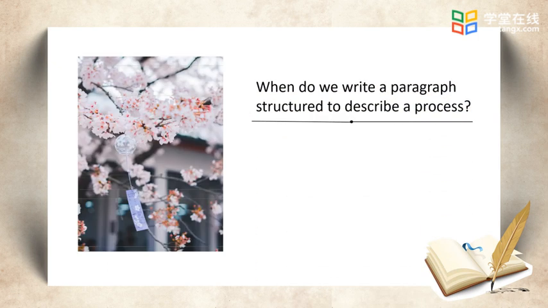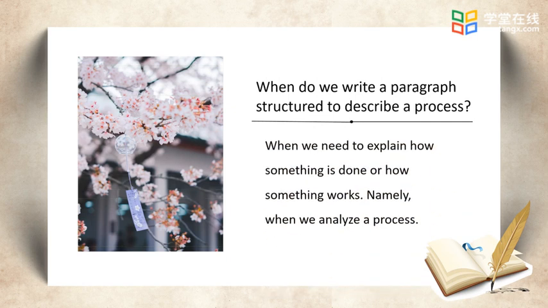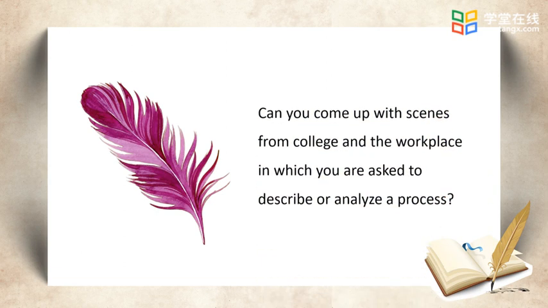When do we write a paragraph structured to describe a process? Yes, when we need to explain how something is done or how something works, namely, when we analyze a process. Can you come up with things from college or the workplace in which you are asked to describe or analyze a process?